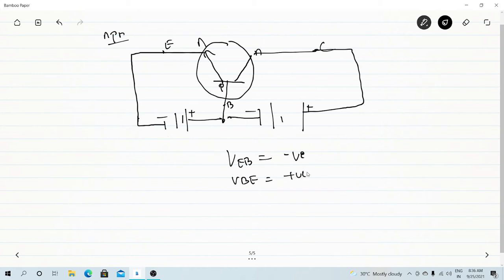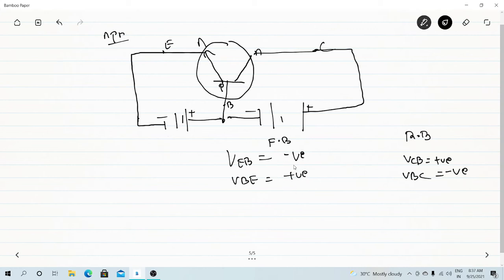This is the condition for forward biasing of the input section. Now the output section, reverse biasing: VCB will be positive, and if you are taking VBC, you can take a negative sign, it will be negative. So VEB is negative, and if you are taking VBE, it becomes positive.